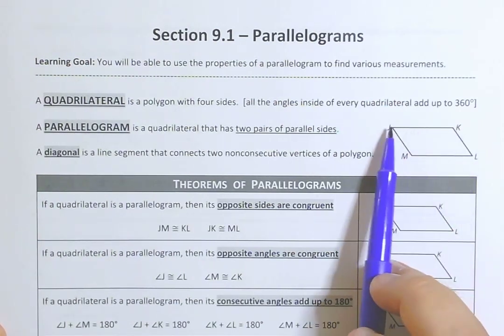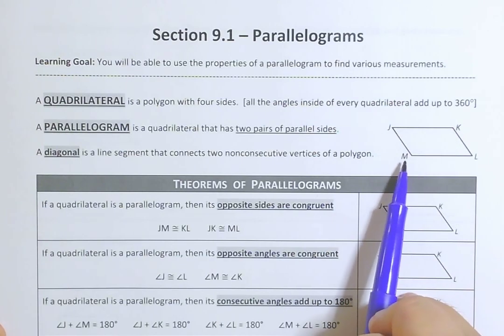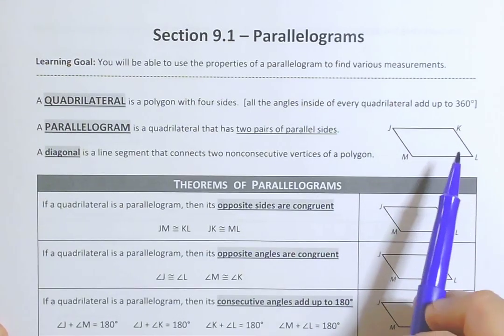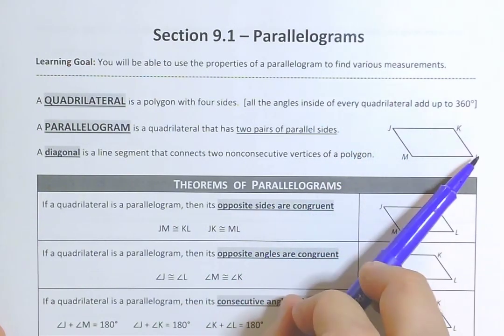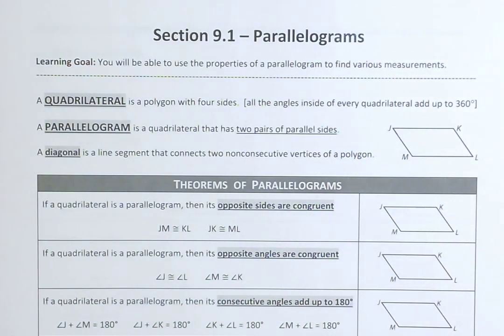The top, JK, is parallel to the bottom, ML. And the left, JM, is parallel to the right, KL. The sides opposite of each other are parallel, top to bottom, left to right.